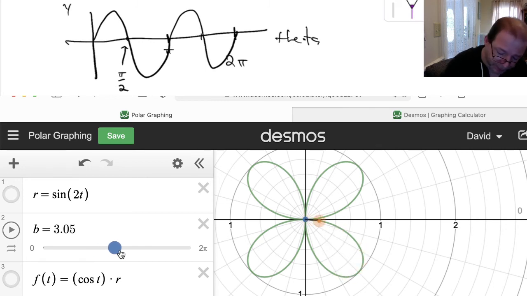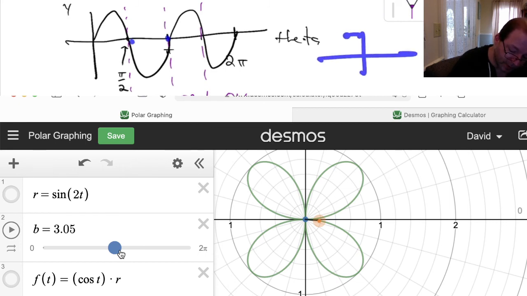The reason for that is over here, if I were to draw some dotted lines here, so this is quadrant 1, quadrant 2, quadrant 3, and quadrant 4. As we go in quadrant 2, that's from pi over 2 to pi. So that's like over here, this section.